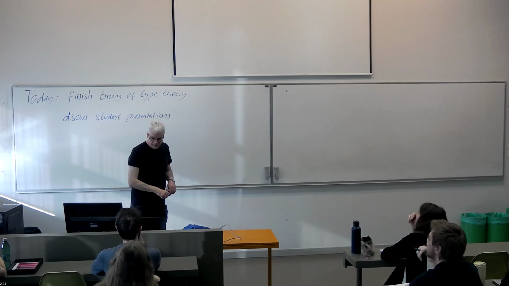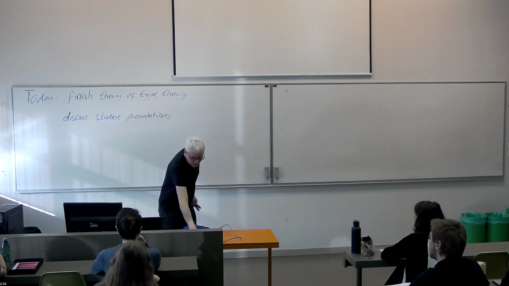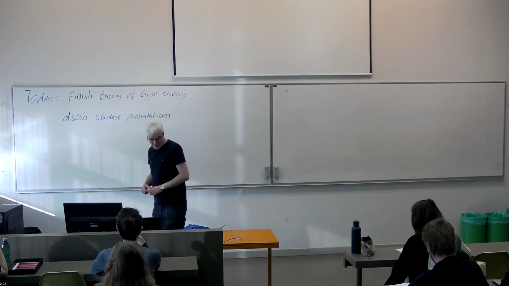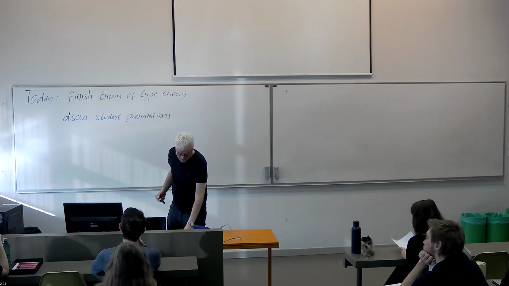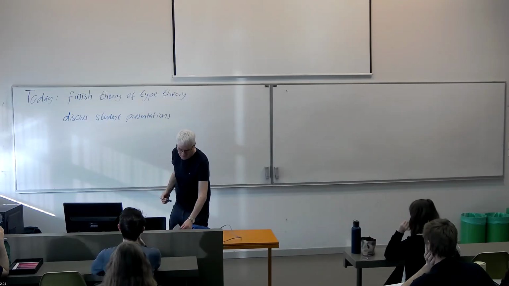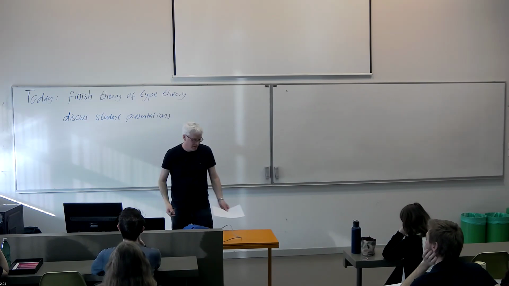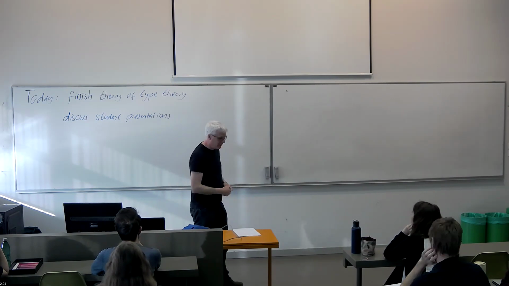Right. Okay. So we want to continue with type theory. So I'm going to start, I think, like in the exercise class last week, and remind ourselves where we are in type theory.